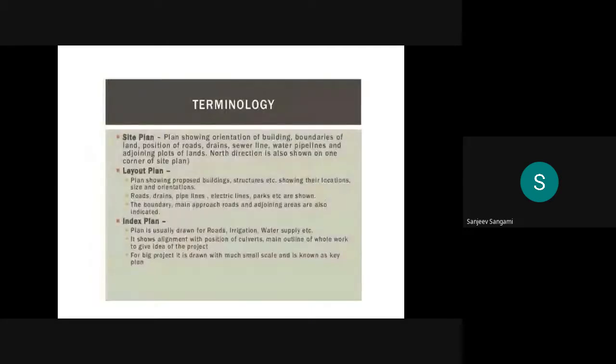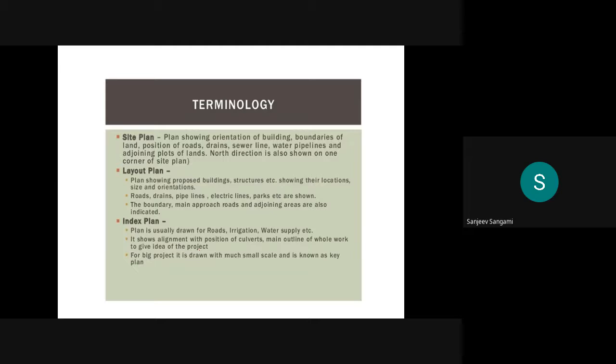Commonly we use them loosely, but it is better to follow what things will be there. Normally a site plan is like a rough sketch, whereas in a layout almost all the things have to be mentioned.